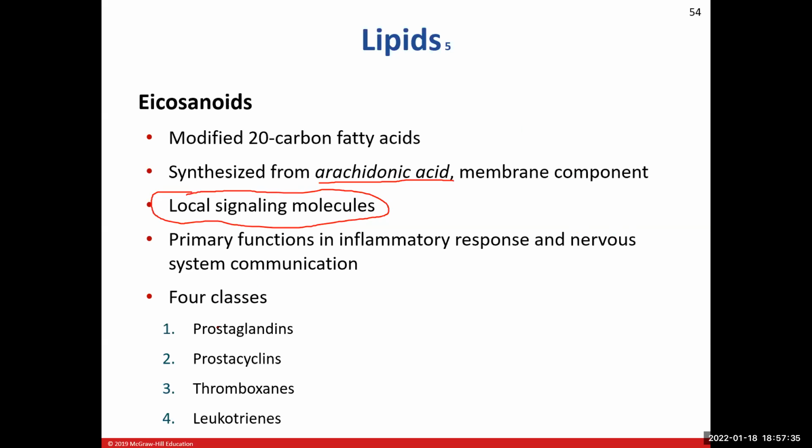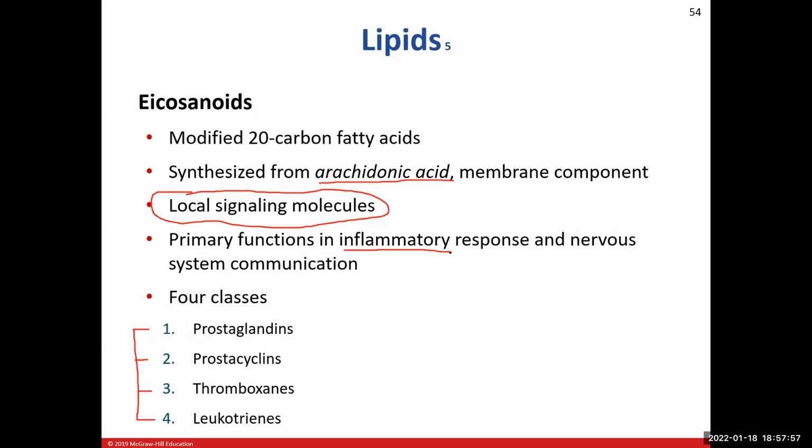What are the eicosanoids? They're listed right down here: prostaglandins, prostacyclins, thromboxanes, and leukotrienes. They have many, many different properties, which I'm not really going to get into. But what you do need to know is they do play a role in inflammation.